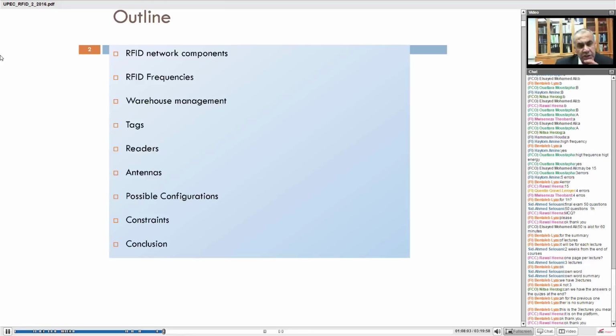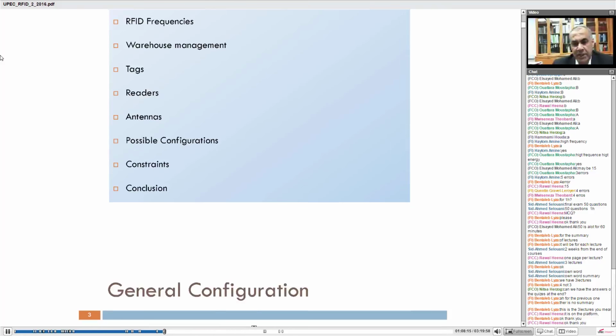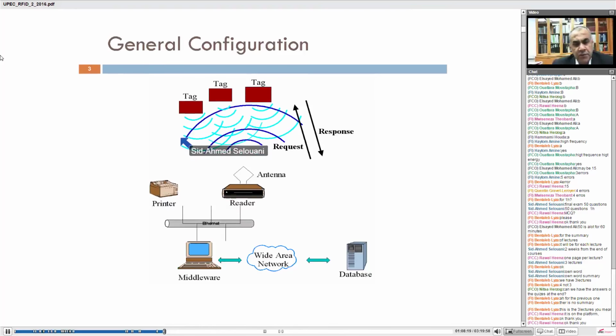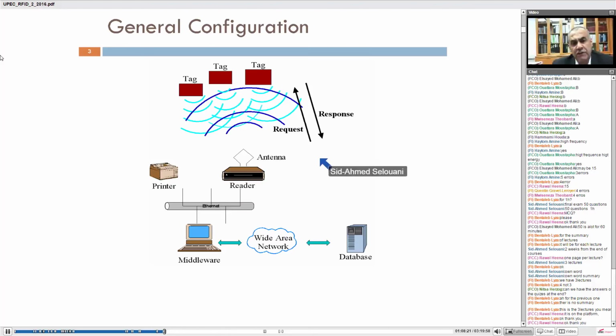The outline of the second course is this. We will recall some concepts about the RFID network, the frequencies, the warehouse management, the tags, the readers, the antenna, the possible configurations, and so on.